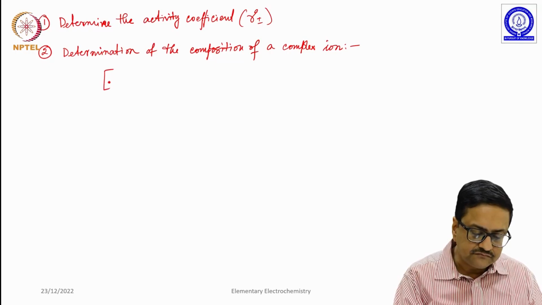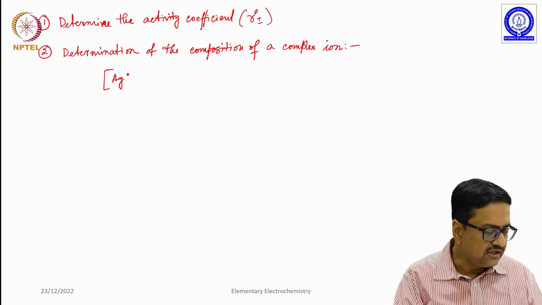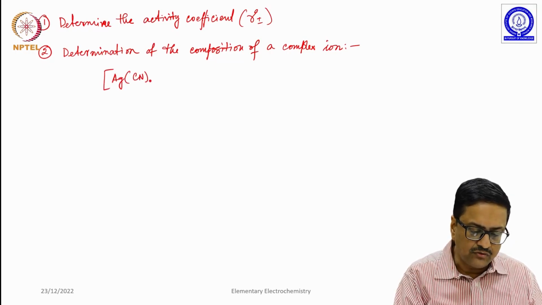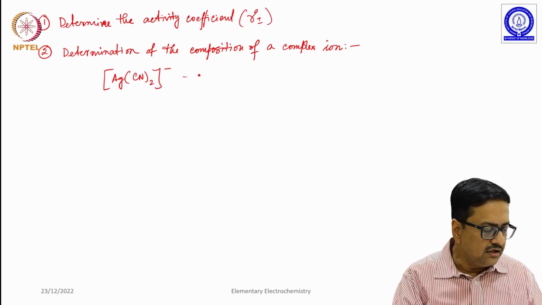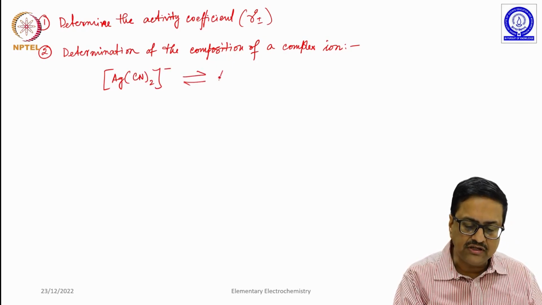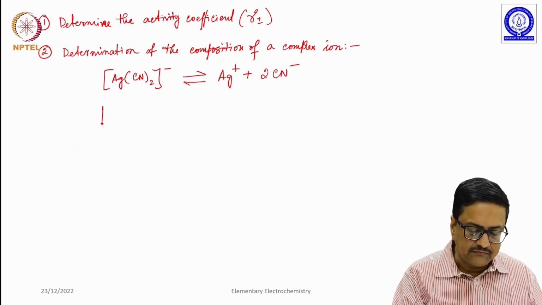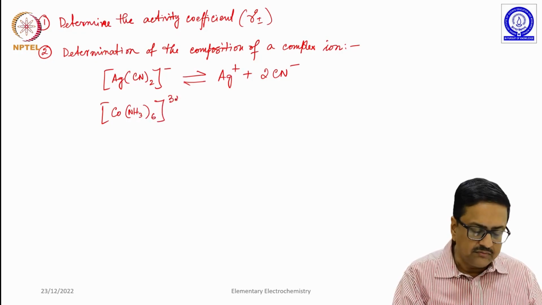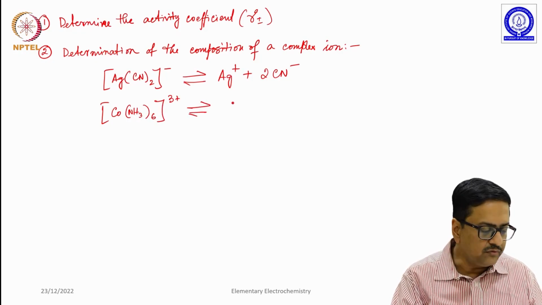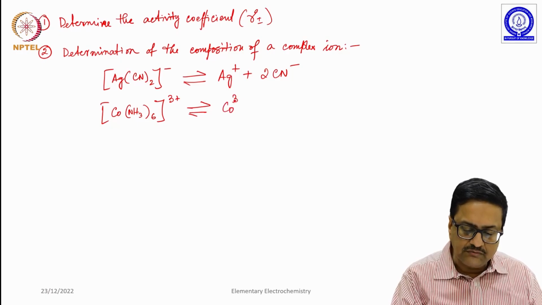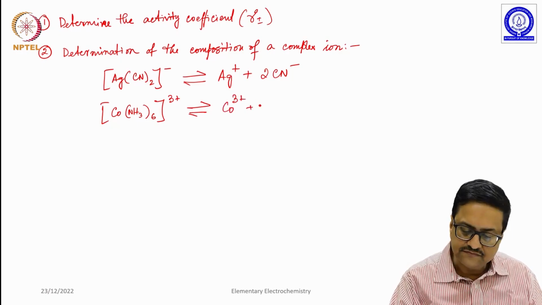So, for example, we have Ag(CN)2 minus, which is formed with the equilibrium of Ag plus and 2 CN minus. Similarly, the cobalt hexammine 3 plus complex is formed when you mix cobalt 3 plus with ammonia.